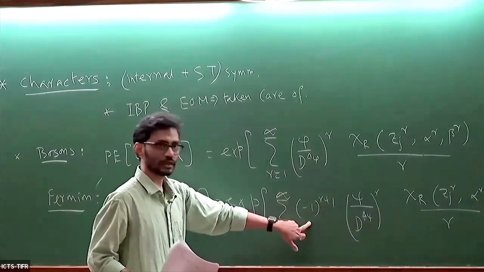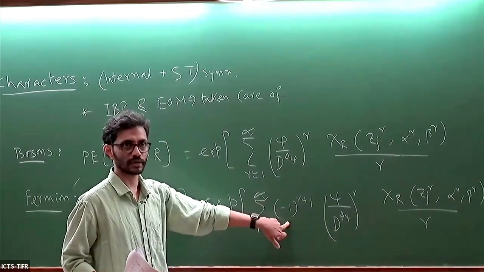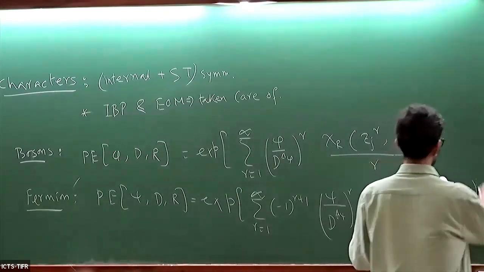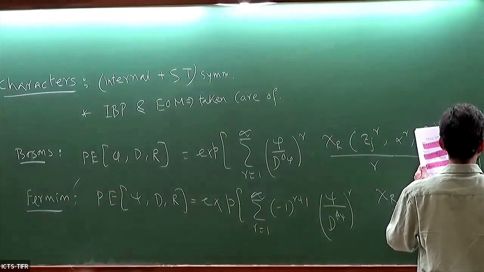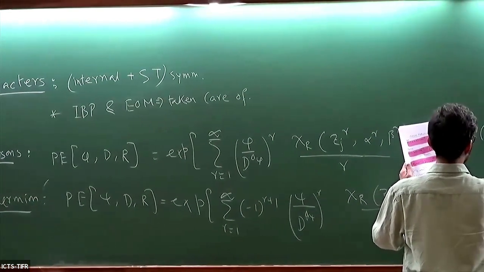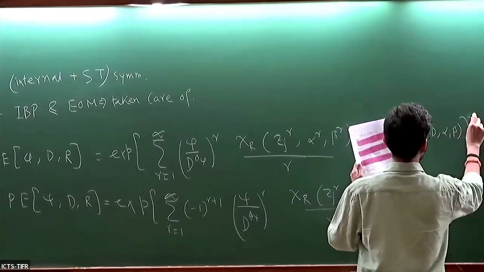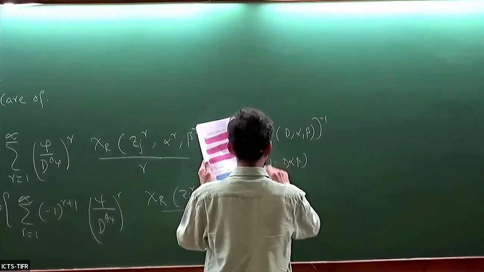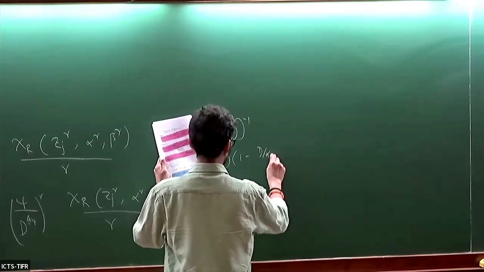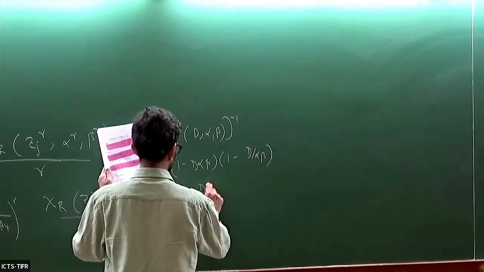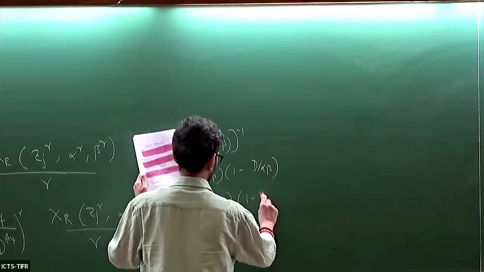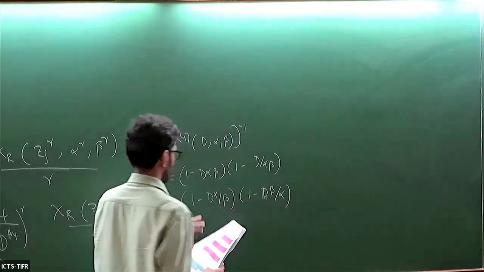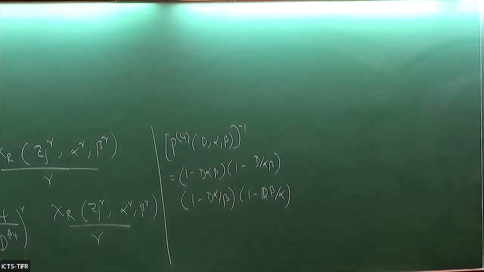So similar to before, we have this minus 1 to the power r plus 1, so we have plugged in that statistics information. Okay, and we have this P of D, alpha, beta inverse, which is 1 minus D alpha beta times 1 minus D beta by alpha times 1 minus D alpha by beta times 1 minus D beta by alpha. Right? This was my momentum generating function.